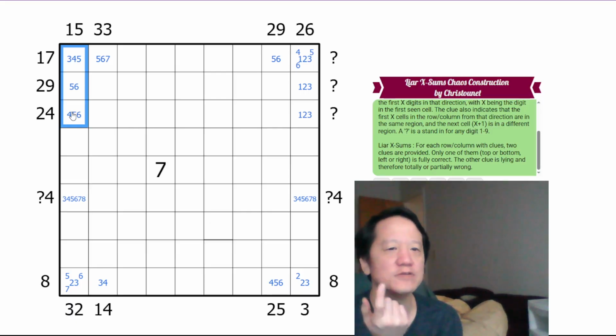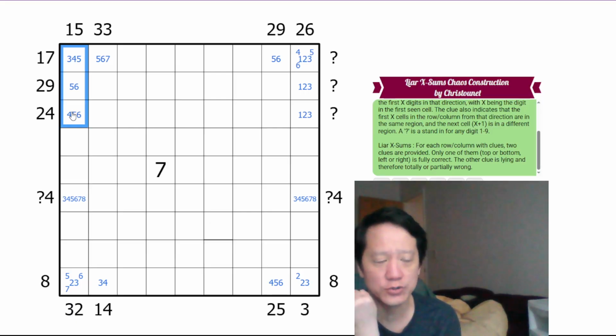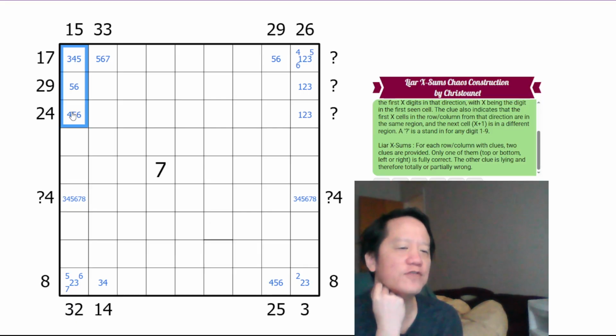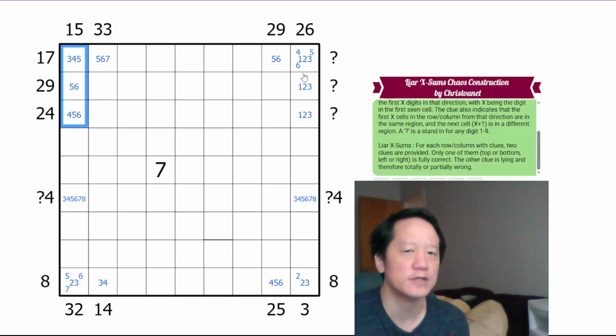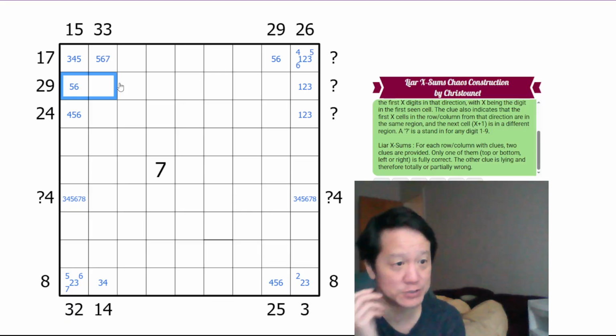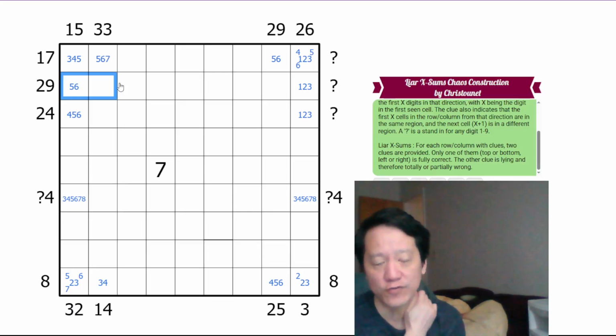And 17 and 24 could work, right? 17 and 24 could work, which would mean that this is valid here. 29 could not work. 29 plus 17 is 46 at least, which, again, a region can only add up to 45 at most.